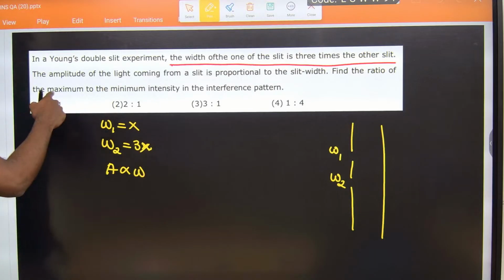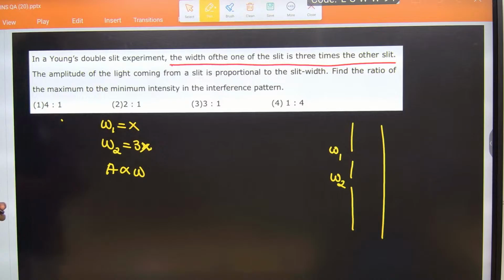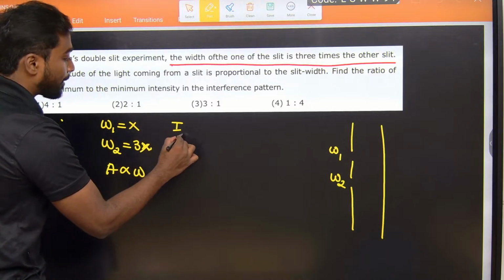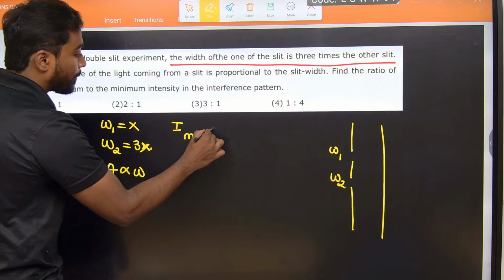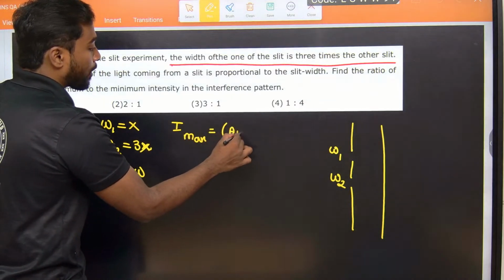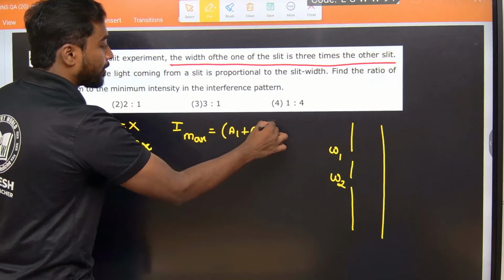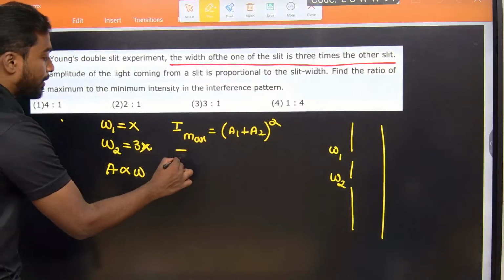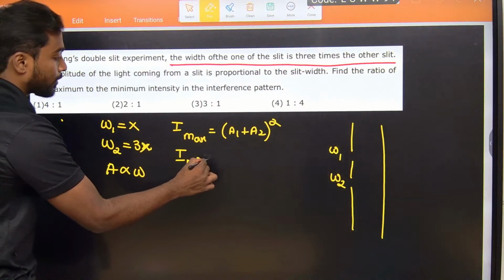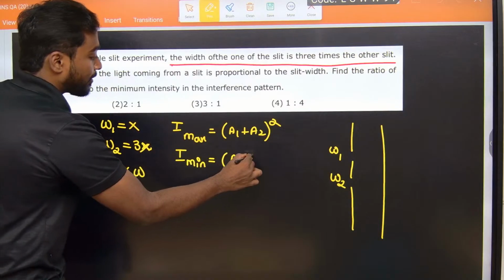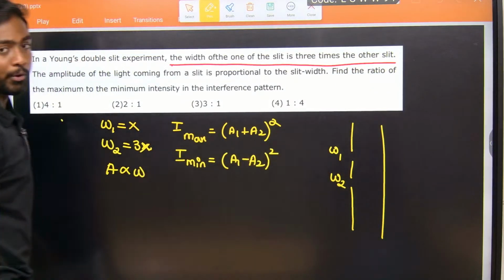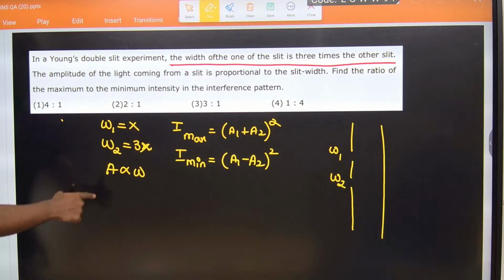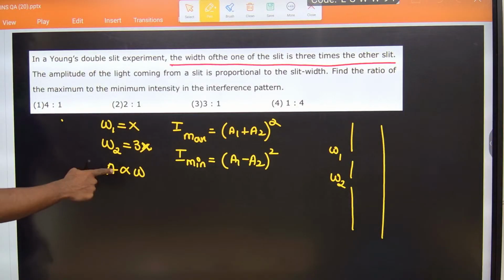And I need to find the ratio between maximum and minimum intensity. I max will be equal to (A1 plus A2) power 2, and I minimum will be equal to (A1 minus A2) whole square. If I find A1 and A2, I can substitute the values.